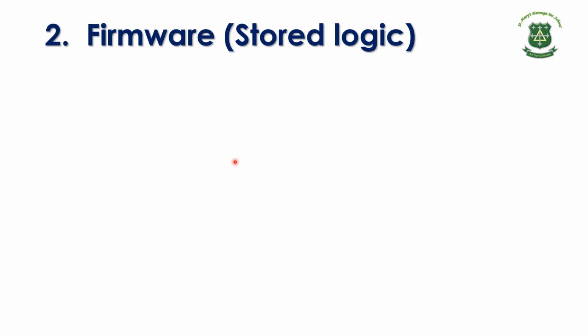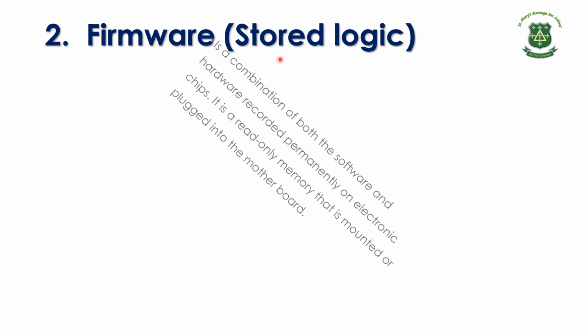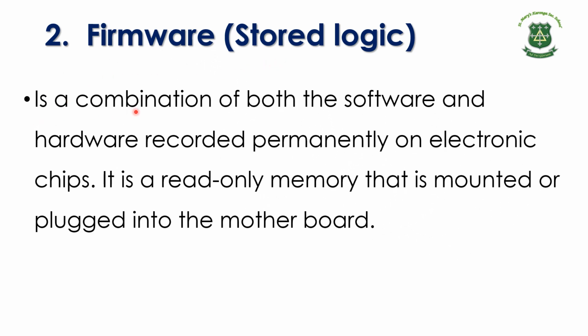Now, let us look at the firmware, which is also called the stored logic. This one is a combination of both software and hardware recorded permanently on electronic chips. So it is read-only memory that is mounted or plugged into the motherboard.